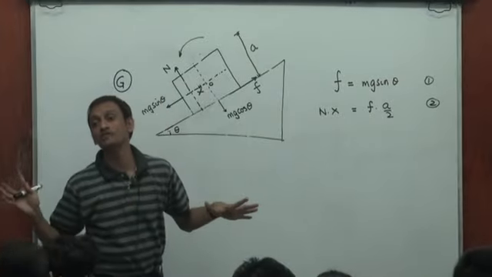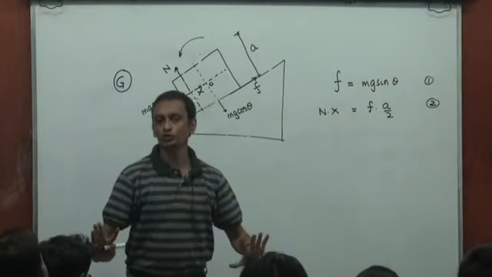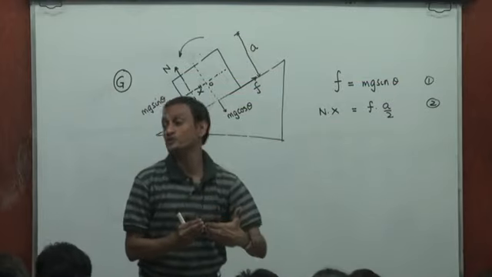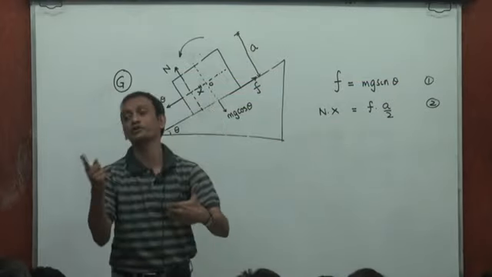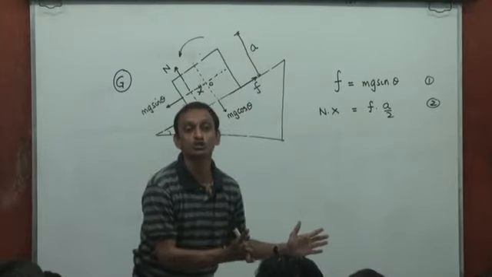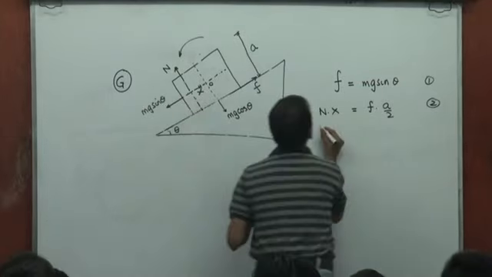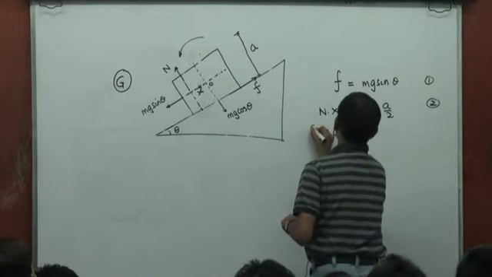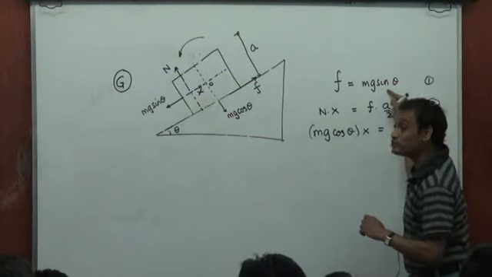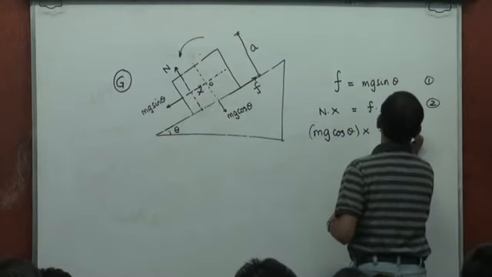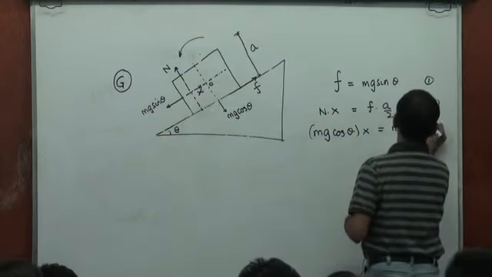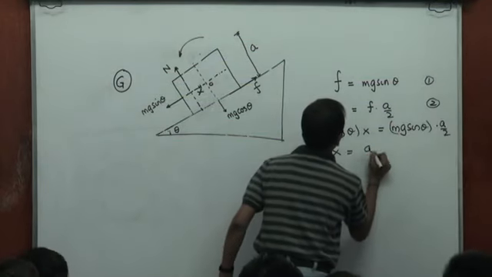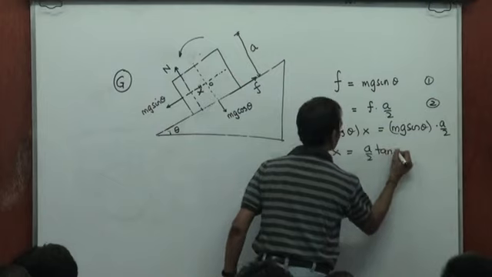As far as the magnitude of N is concerned, there is no change, status maintained. Only the line of action shifts so as to just counter the effect of the torque produced by f, and the body does not tumble. So N is mg cos theta into x, and f must be mg sin theta, which gives me x is a by 2 tan theta.